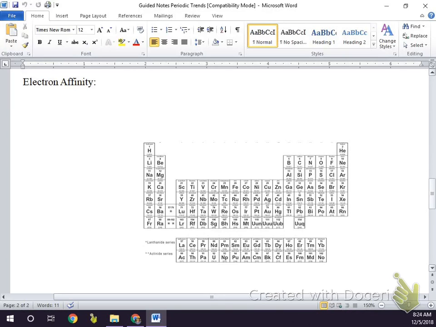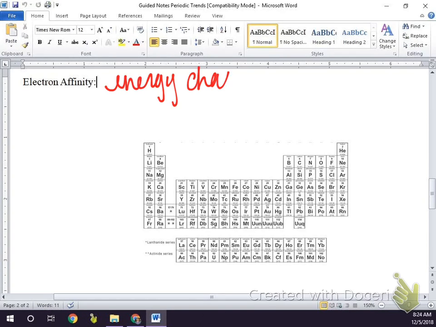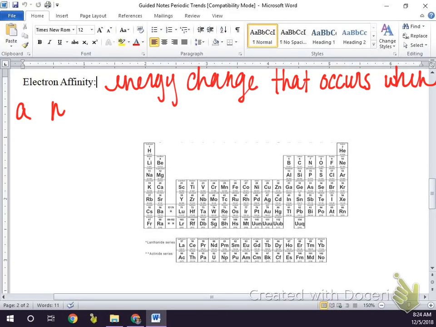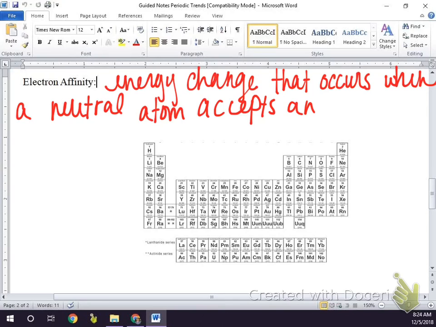All right, so the official definition of electron affinity is the energy change that occurs when a neutral atom accepts an electron.